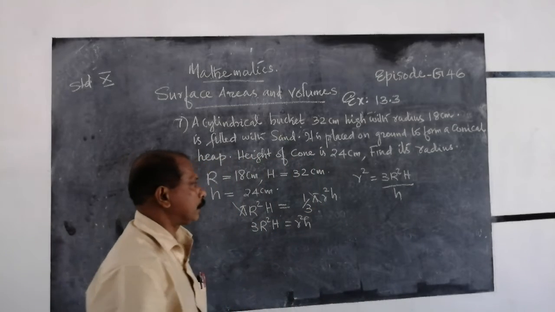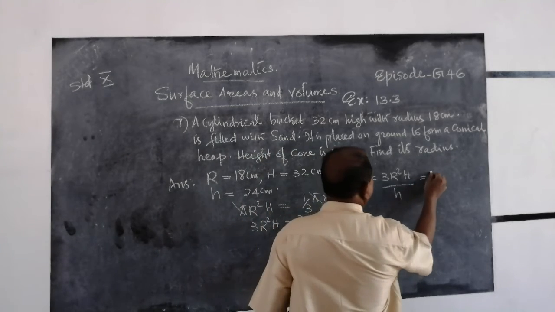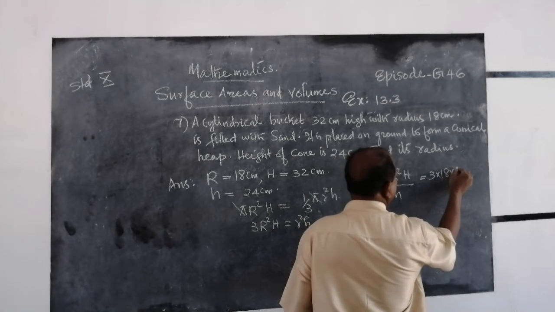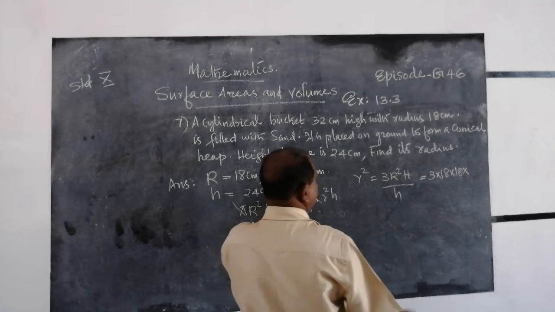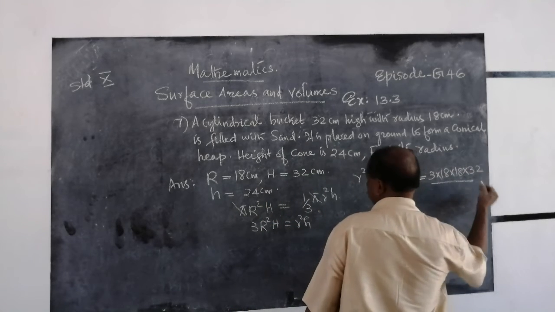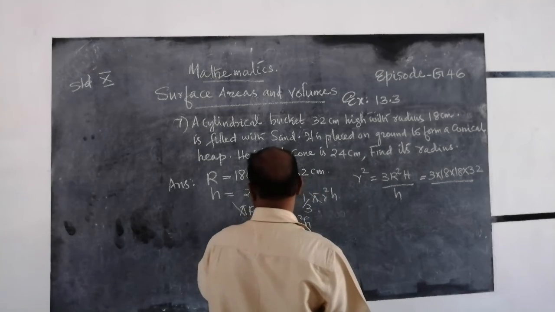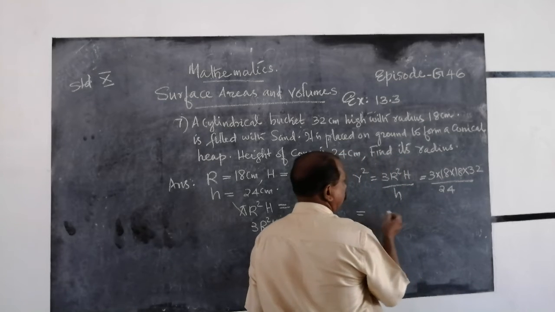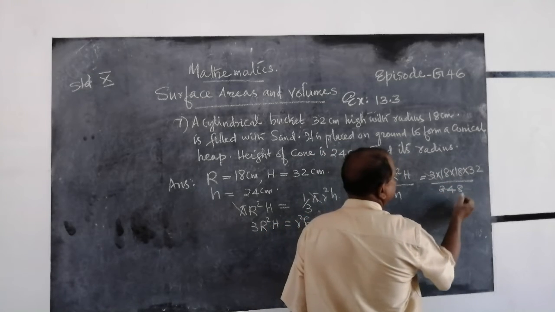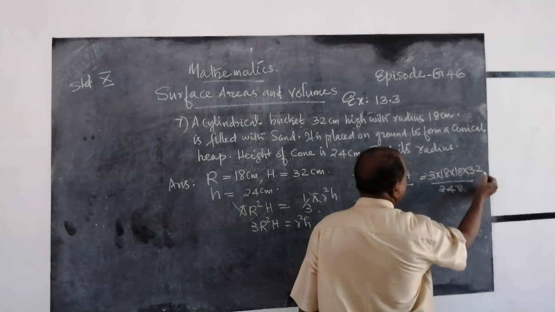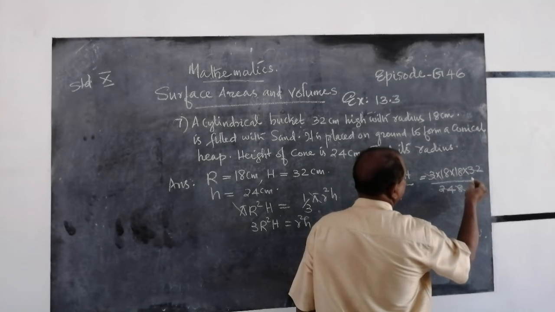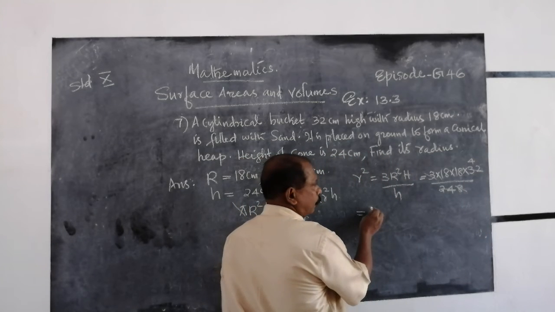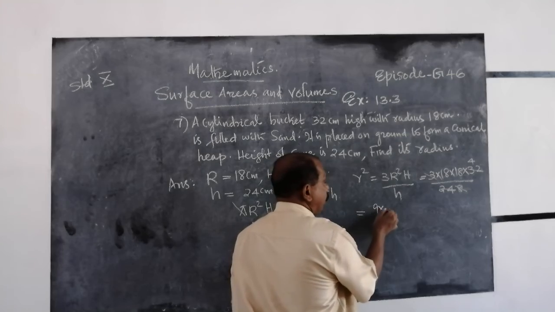Then substitute the values. Is equal to 3 into what is our R? 18. That is 18 into 18 into capital H, it is 32, by small h, what is it? 24. That is equal to 3 8s are 24. 8 and 32 is equal to 4. 18 is 9 into 2.